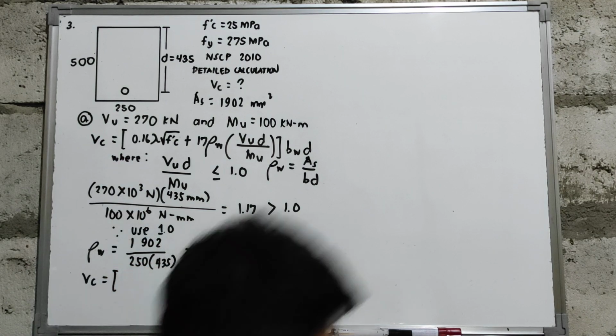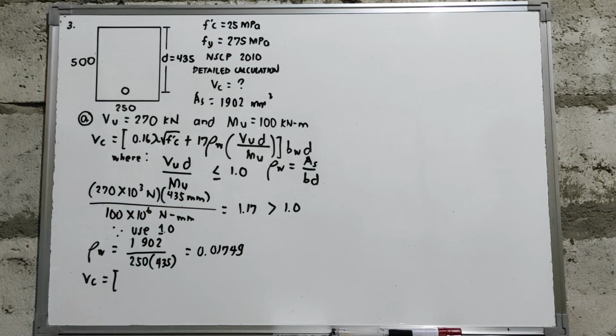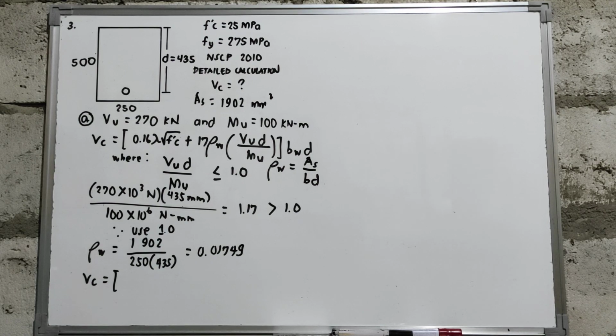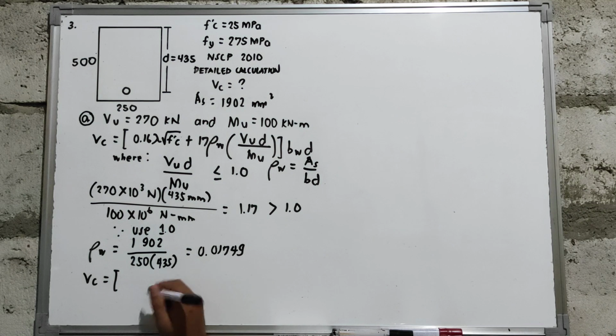Now that we have the given values, we can get the value of our Vc. We have 0.16, our lambda, assuming normal weight concrete, is 1.0. So let us now substitute the values we got.